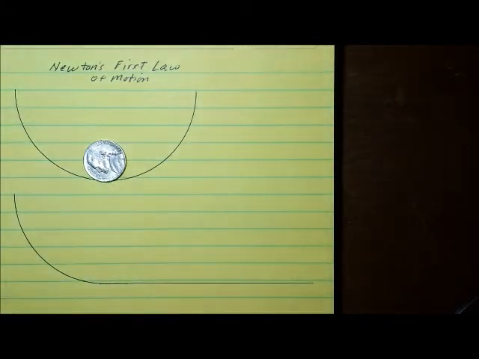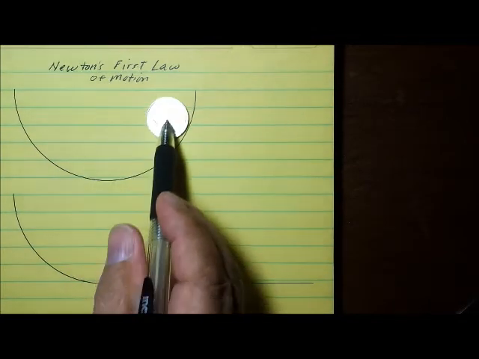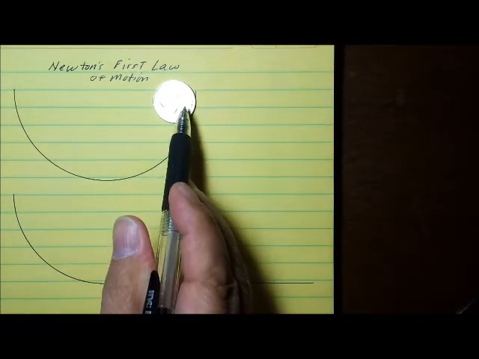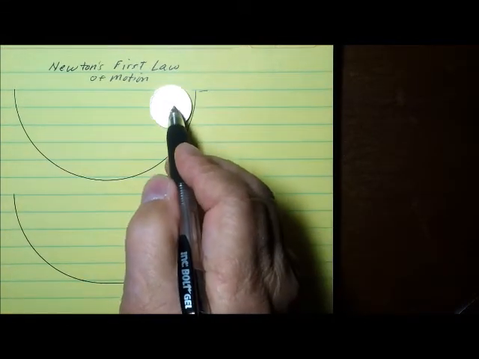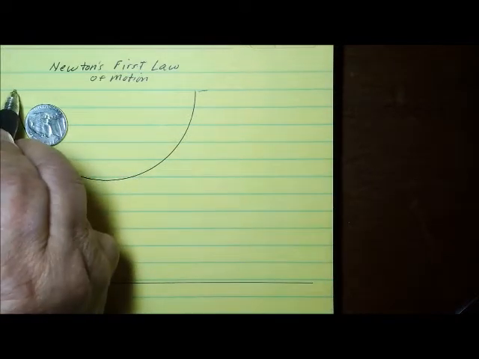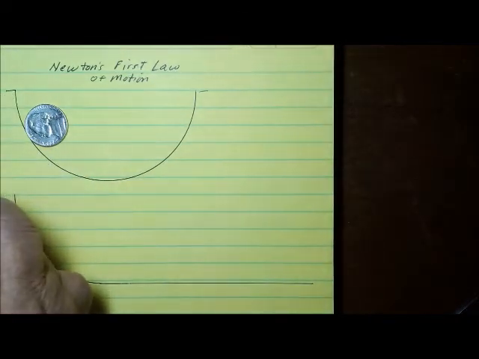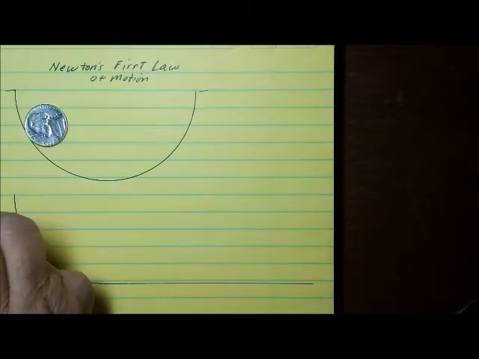And if I were to ask you why that ball, when it was released from this height, wouldn't roll up to its original height on the left side of the valley, you would probably say it's because of friction.